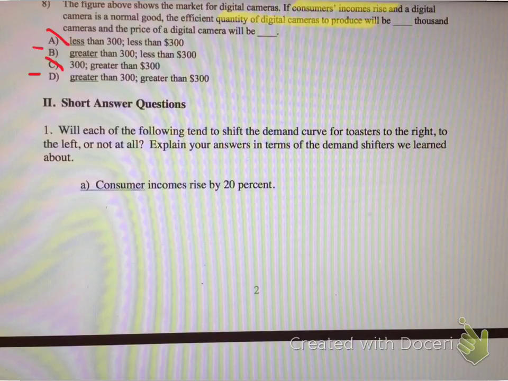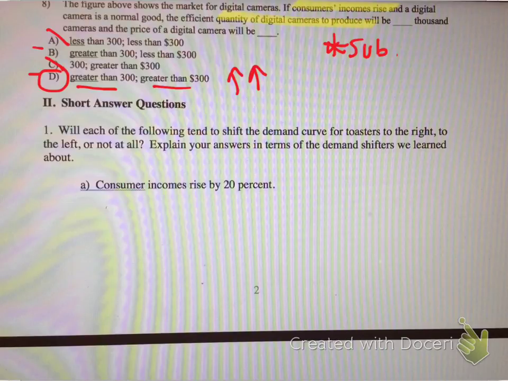So it's B or D at this point. And the quantity of digital cameras produced: if the quantity of one good goes up, then its substitute also goes up. Since we're assuming these are substitutes, it would have to be D. They both go up.